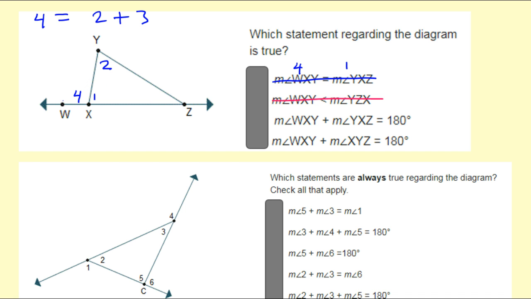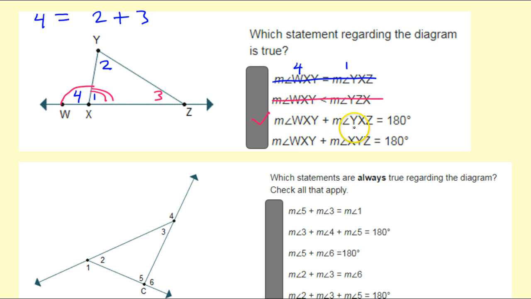Problem? Let's see. Angle WXY, that's angle 4, plus angle YXZ, that's this angle, is equal to 180. Well, look, this is basically the same answer as last time. It's even the third choice.